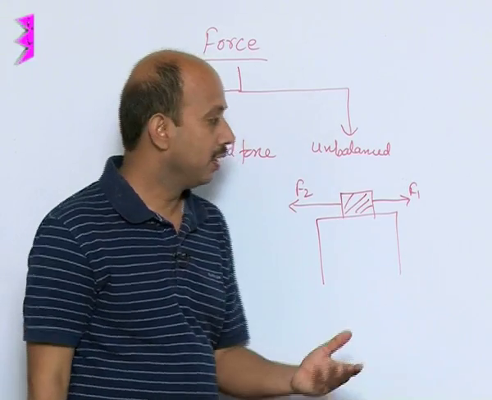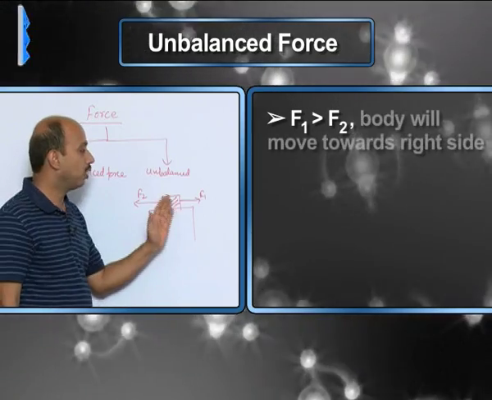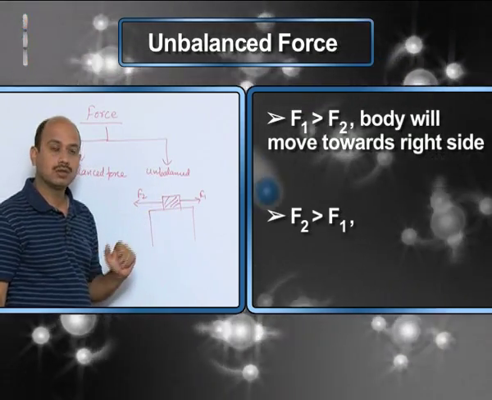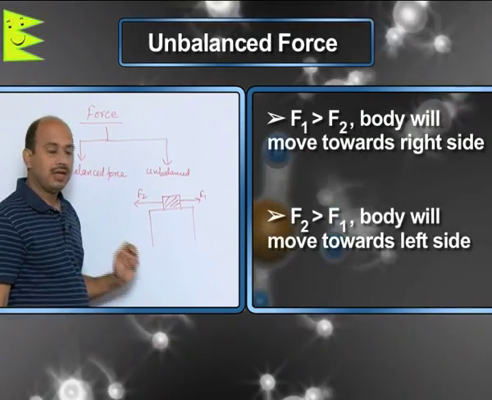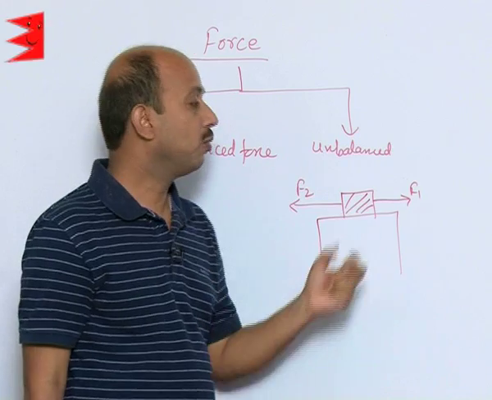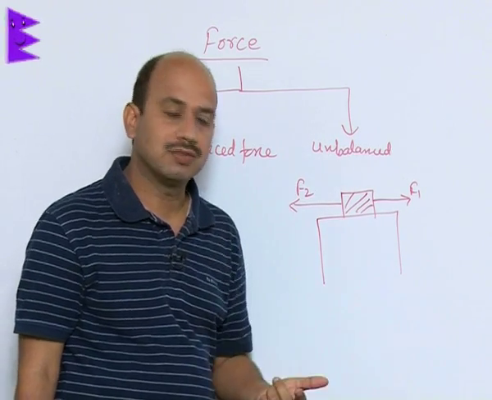Imagine what will happen if F1 is greater than F2: obviously the body will move to this side. If F2 is greater than F1, the body will move to this side. If F1 is equal to F2, the net force, that means the sum of these two forces, will be equal to 0. We can call them balanced.